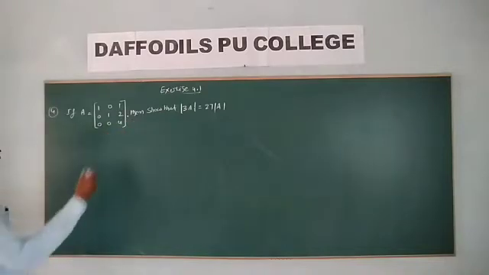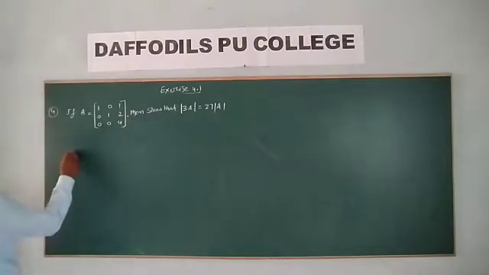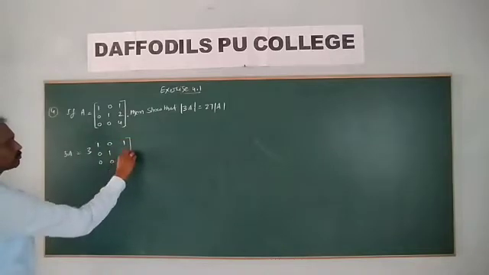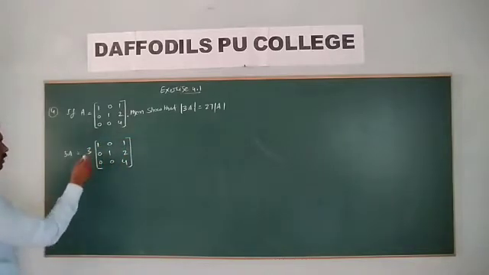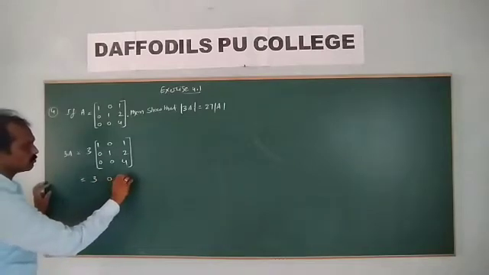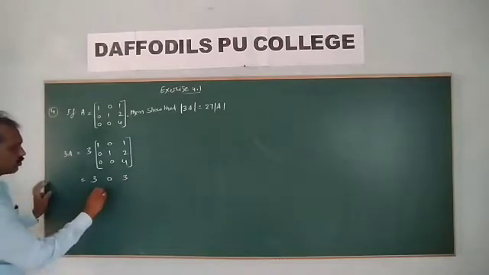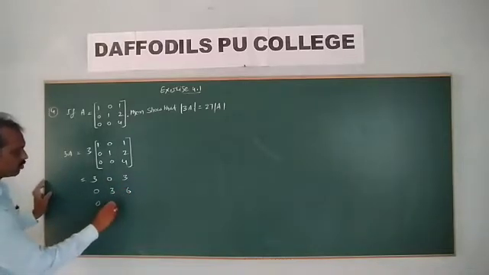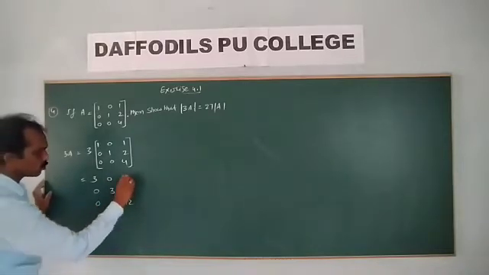Okay, now we will take 3A. 3A is equal to 3 times the matrix [1, 0, 1; 0, 1, 2; 0, 0, 4]. Multiplying, we get [3, 0, 3; 0, 3, 6; 0, 0, 12].